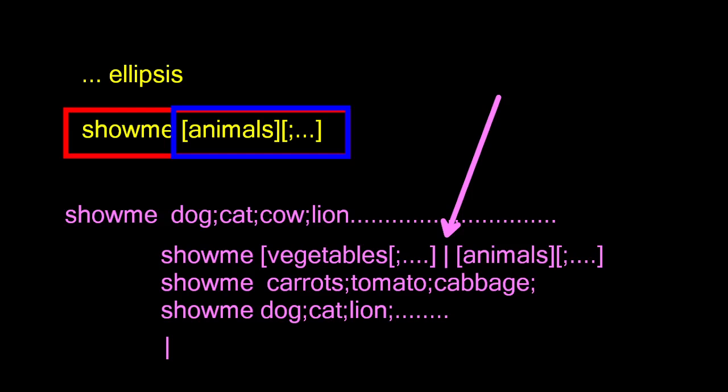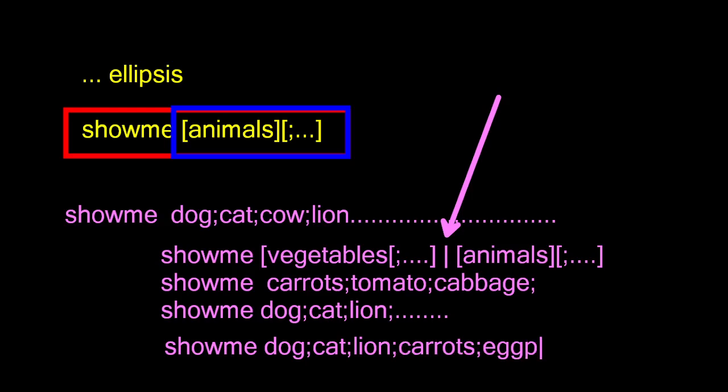Let's say we deleted that split vertical bar. Imagine I delete it. So the command would be show me dog, cat, lion, and you can combine cabbage, carrots, eggplant, cat. Yes, it will run, because that's the rules. You can combine all of them.